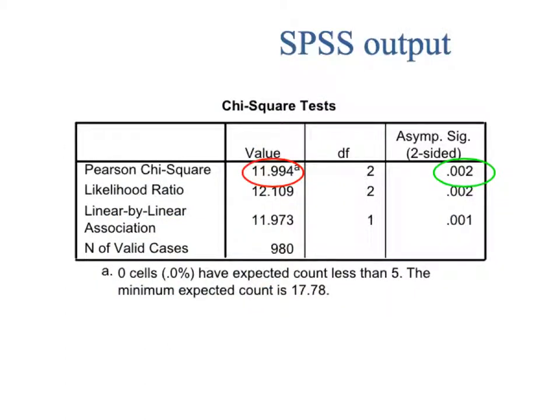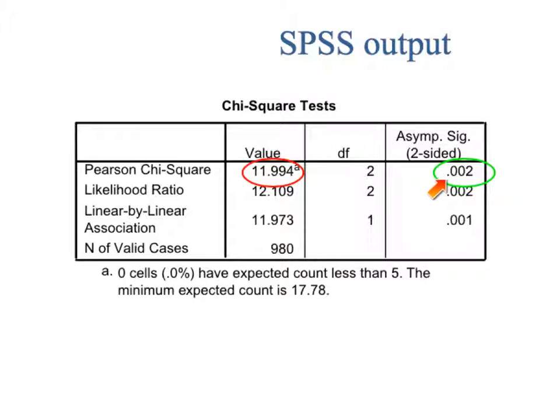I want to take a second to look at the SPSS output. So I've calculated chi-square using the same data that we had for that cross tab that we just looked at. And so our chi-square value, this top number that's circled in red, 11.994, that is what SPSS calculated as the chi-square value. And then over here circled in green, this 0.002, that is the significance level.